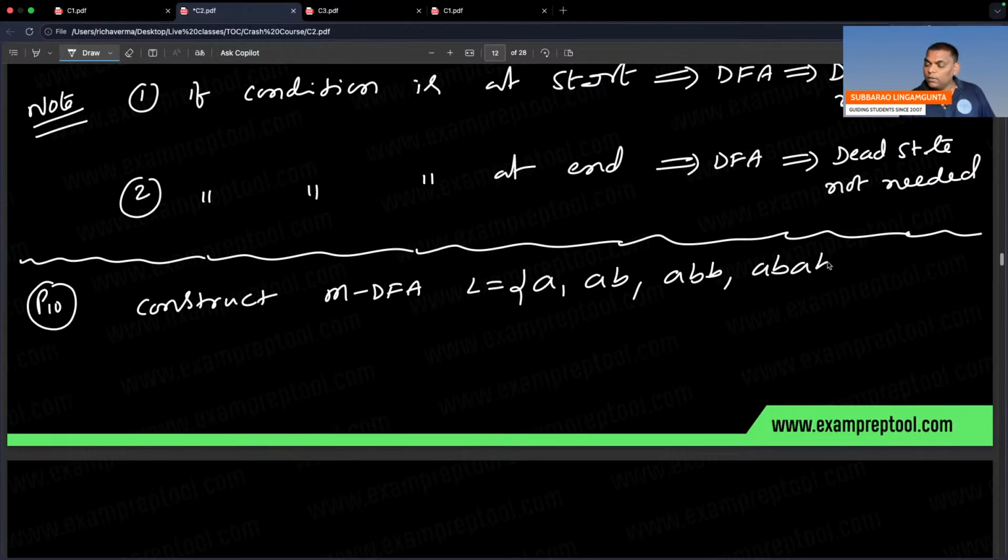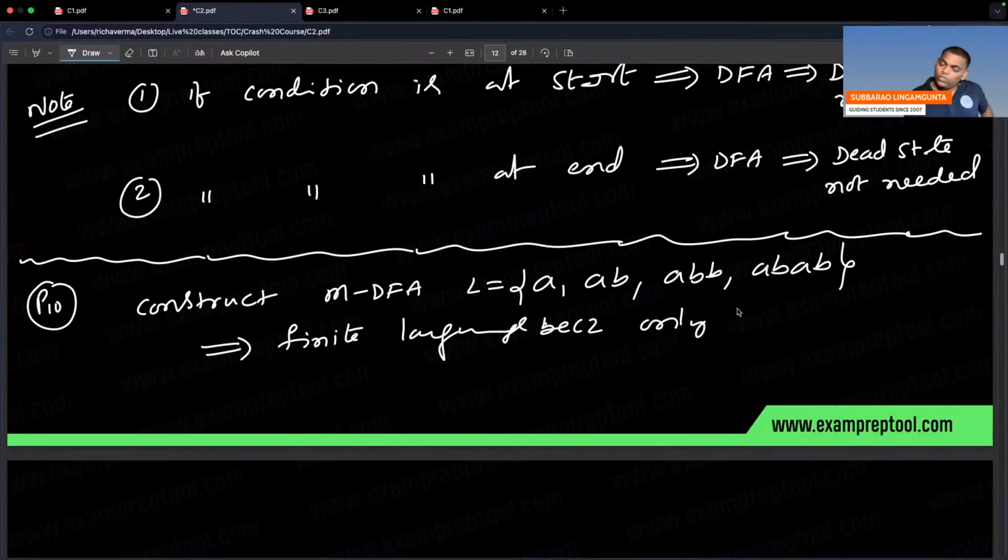So these are the strings: A, AB, ABB, ABAB. I think four strings. Remember, this is a finite language, because only four strings are there. Please remember, it is a finite language, right?